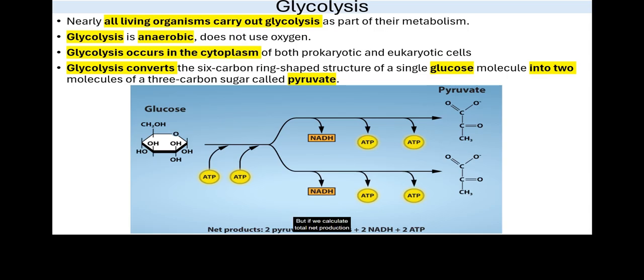But if we calculate the total net production during glycolysis from one glucose molecule, we produce 2 pyruvates, 2 ATPs, because 2 will be used in here, and 2 NADH molecules.